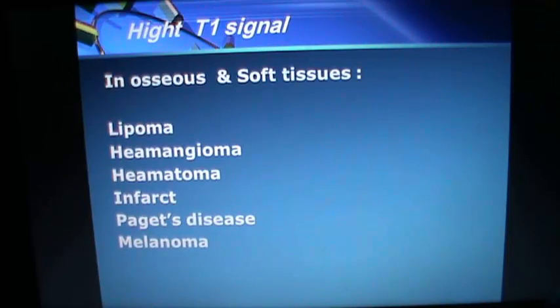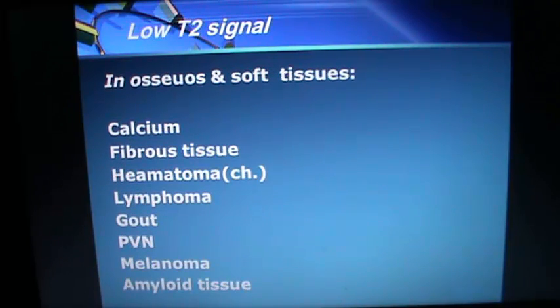So you expect to find it in lipoma, hemangioma, hematoma, infarct, Paget disease, and melanoma, while low T1 signal is seen in osseous and soft tissues if there is calcium or fibrous tissue or blood or altered blood or melanin. So we can get it in calcium, fibrous tissue, hematoma, lymphoma, gout, pigmented villonodular synovitis, melanoma, and so on.